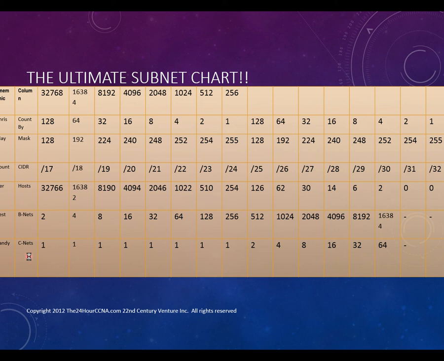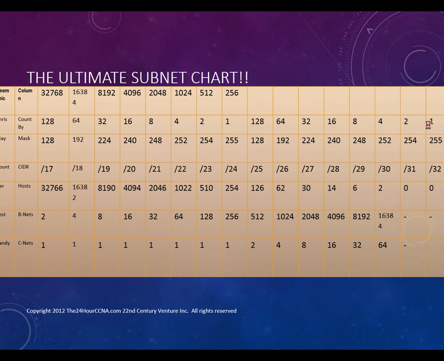All right, so the way to write this down is in the count by column. It's just the same thing you would do if you were doing binary conversions. So 128, 64, 32, 16, 8, 4, 2, 1. And then, since that was the third octet, we move again to 128, 64, 32, 16, 8, 4, 2, 1 in the fourth octet.